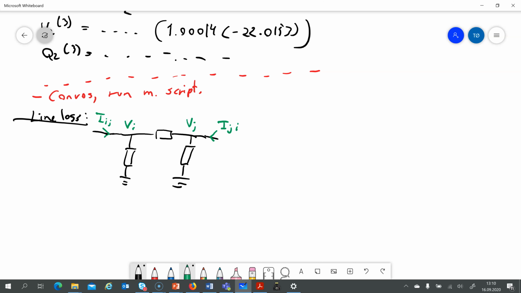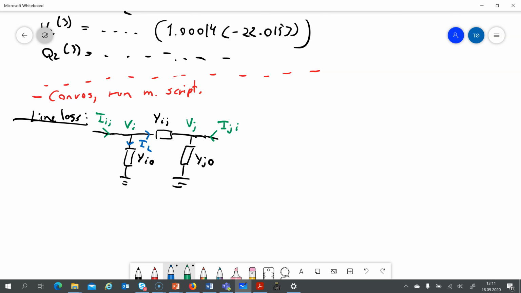Further, we have Yij, the admittance of the line, and you can have Yi0 and Yj0 like this. Then we can put on some currents. Let's call this IL for line current.